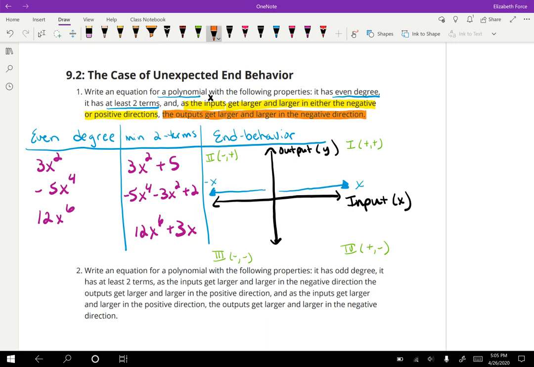So my end behavior has to be, both of them have to be down here in quadrant 4 and quadrant 3. Those are the only two quadrants where my outputs are getting larger and larger in the negative direction. And because these end behaviors are going in the same direction, it has to be an even degree function.